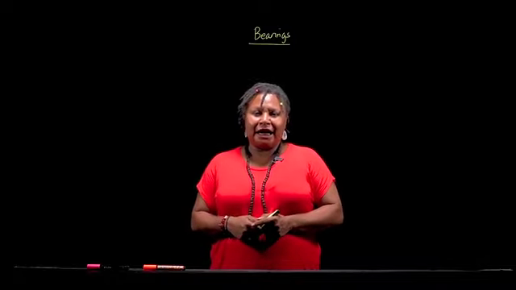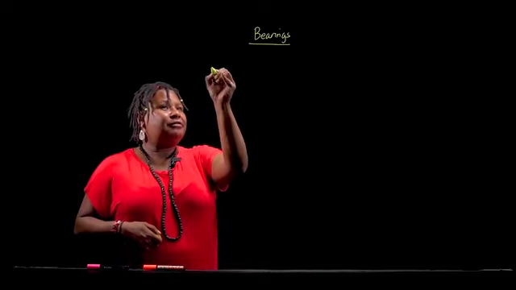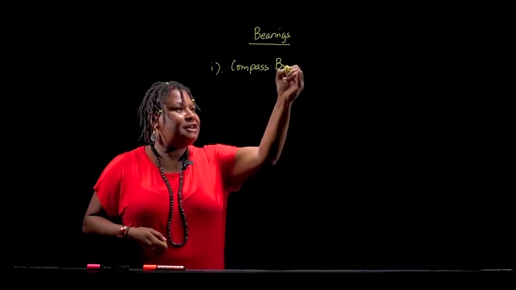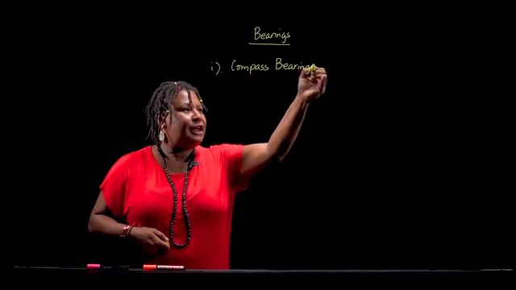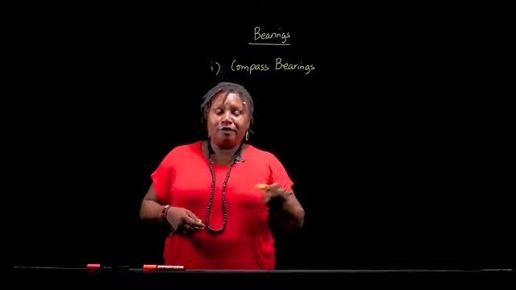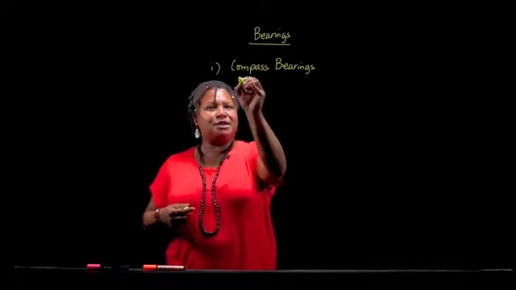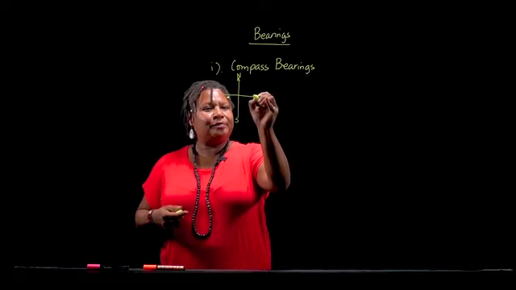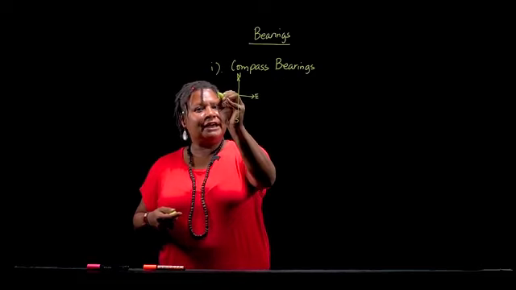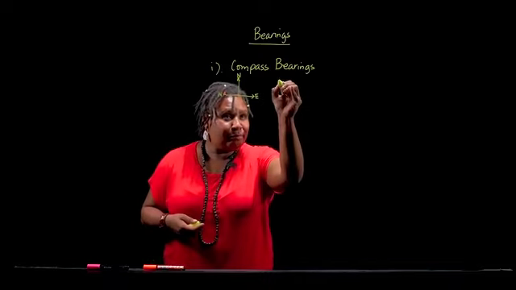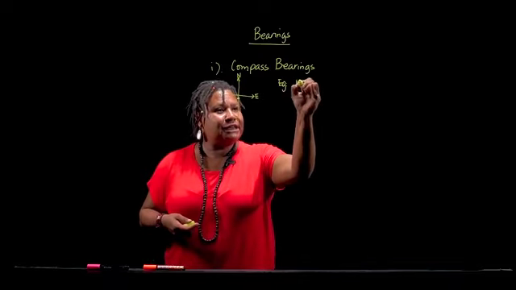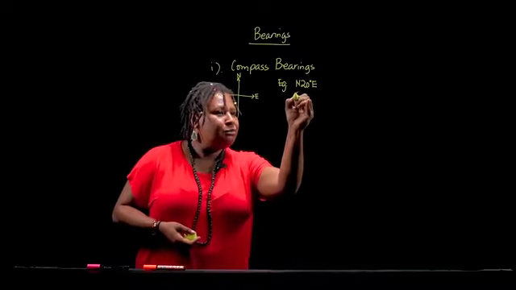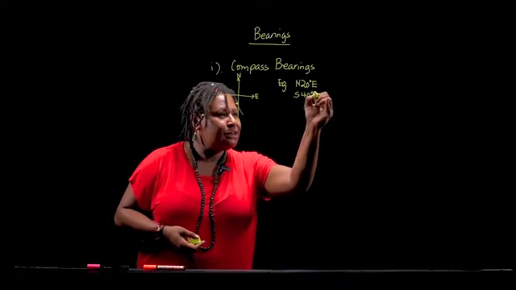Those two methods are, one, compass bearings, which I believe you are more familiar with. They are also known as conventional bearings. Compass bearings use the directions north, south, east, and west. An example of a compass bearing would be north 20 degrees east, or another one would be south 40 degrees west.